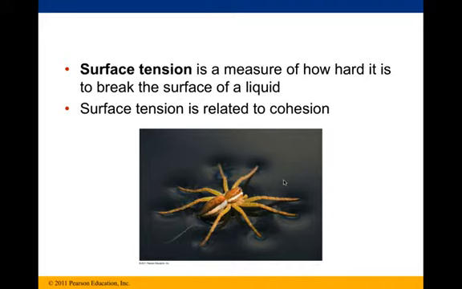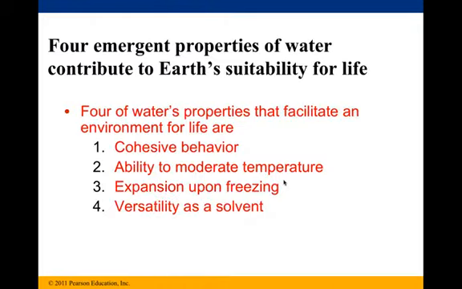So when a light object such as a dry leaf or spider is walking on the surface of water, it is because of these hydrogen bonds that it is not sinking in. So this measure of how hard the surface of a liquid is to break is called surface tension.